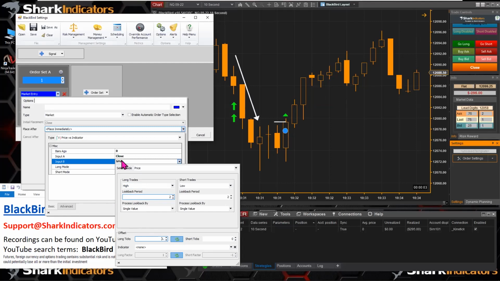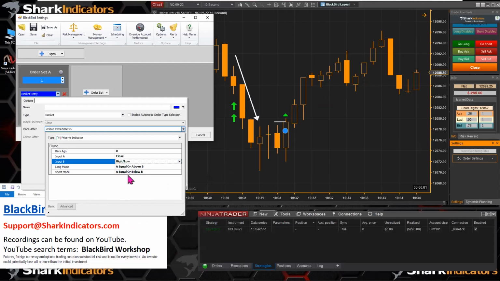Okay, so we're good to go there. Now for a long trade, we want A above B. We don't want equals, so we're going to make sure this is A above B. That way the close has to be at least one tick above the high, because it's not going to equal.